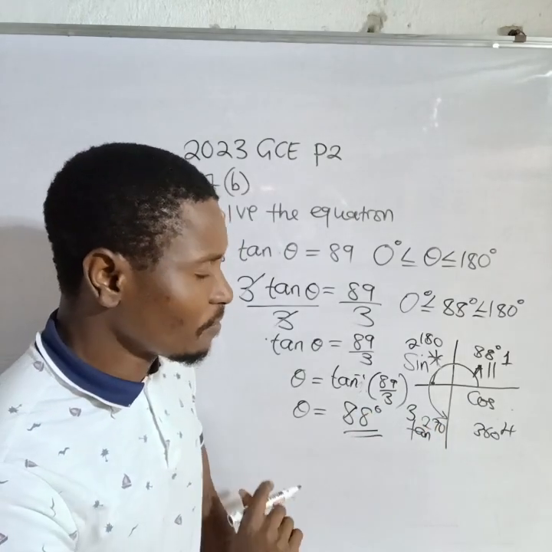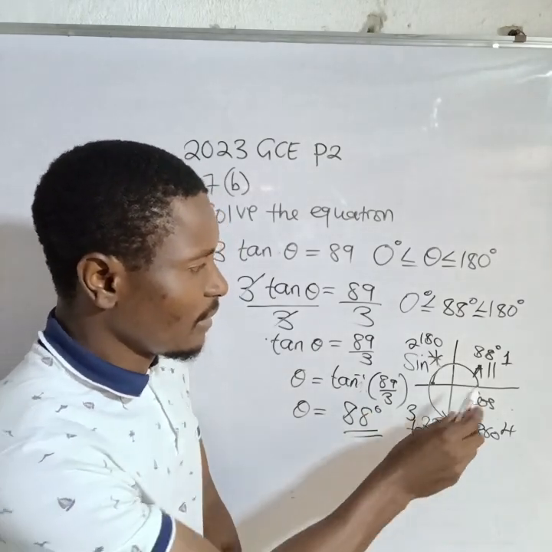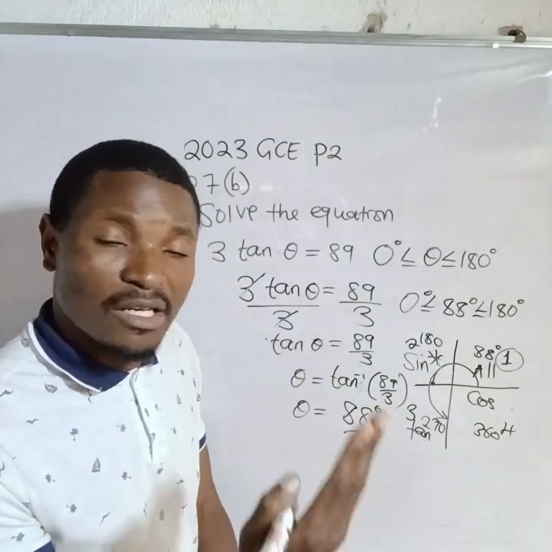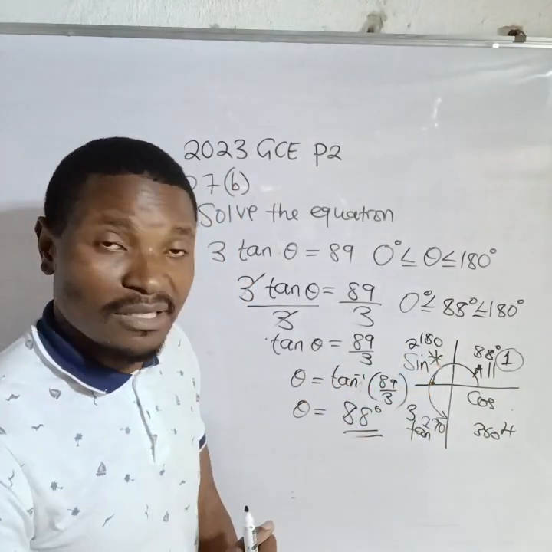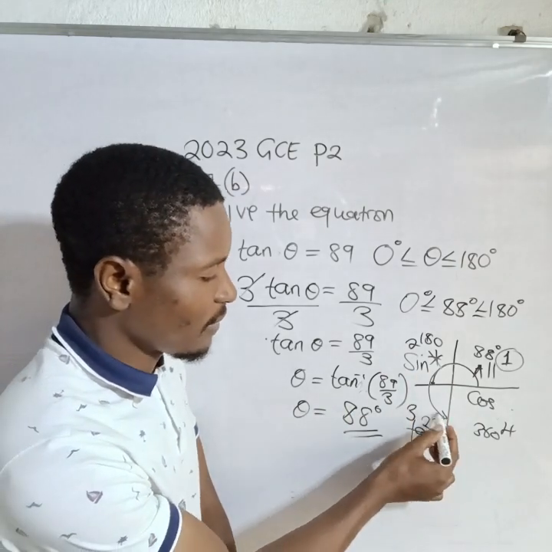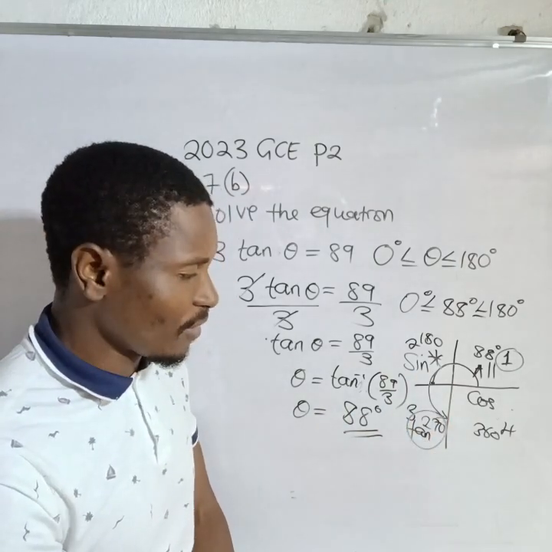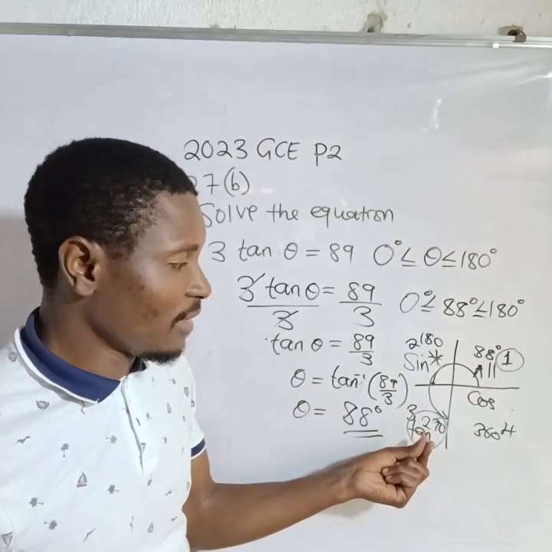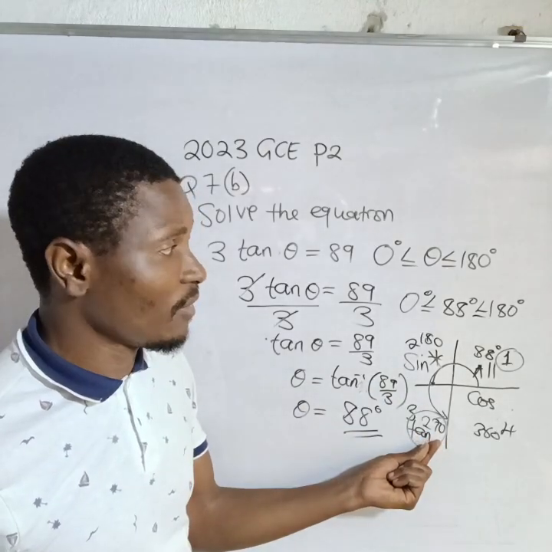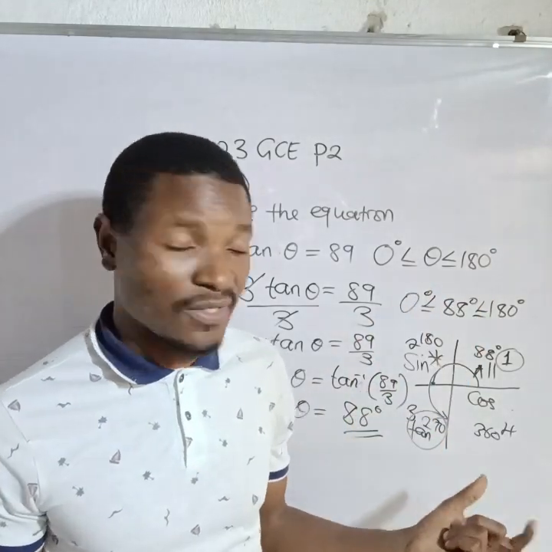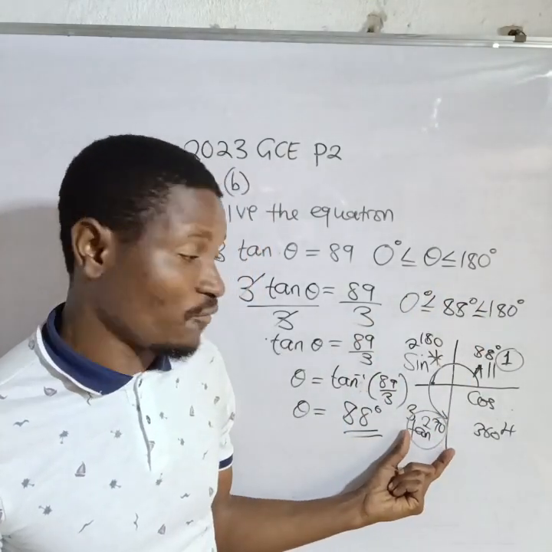So now we know that we can have quadrant 1, because all three trig functions are positive there, and then also the third quadrant. Now you know that in the third quadrant, that is 270, which is outside the range, so it's not possible to get the answer from here.